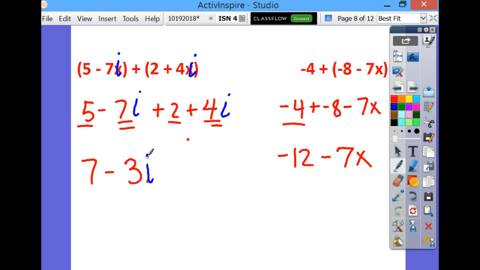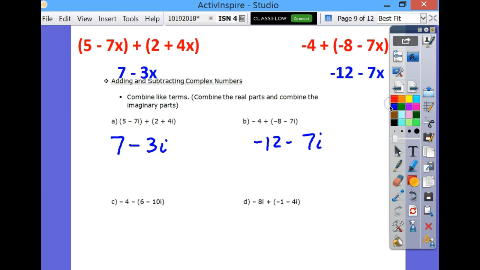You're going to combine like terms, and that is the answer for part A. If you have a real number and imaginary part, you just combine the like parts. This is exactly the same as your problem B, only problem B has an i. It works exactly the same, except it has an i instead of an x. All you do is combine like terms for addition.